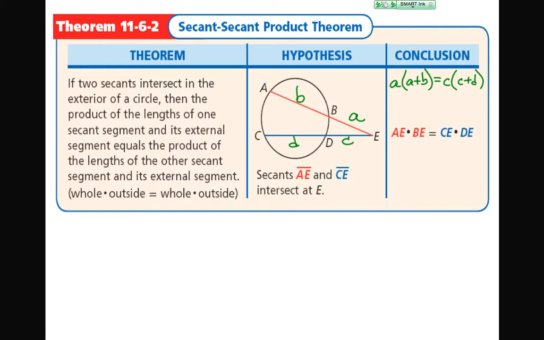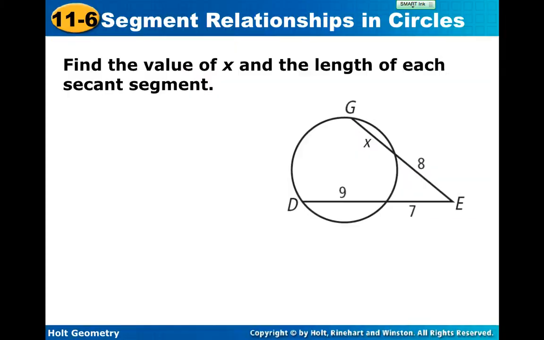All right, let's try some example problems. Everybody got what they need? Okay, so how would you use this? Find the value of x and the length of each secant segment. So two secants. It said multiply the exterior part times the whole secant segment.